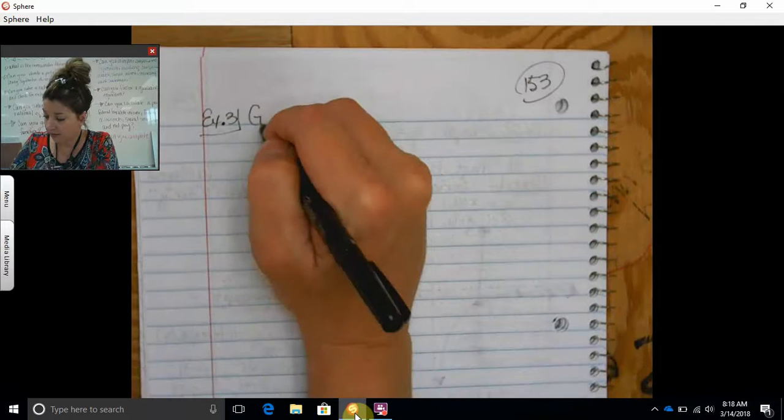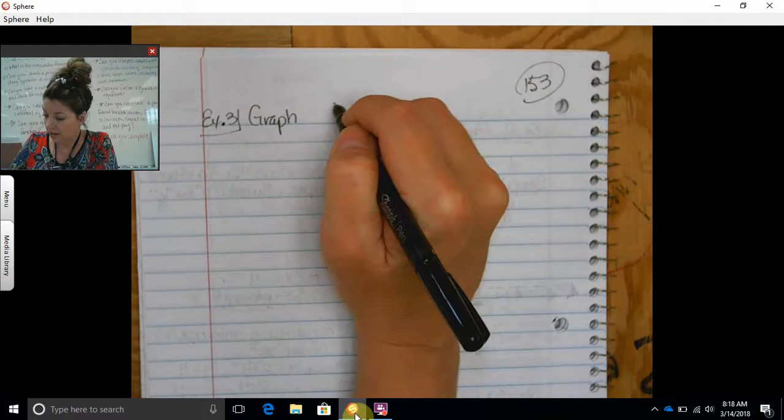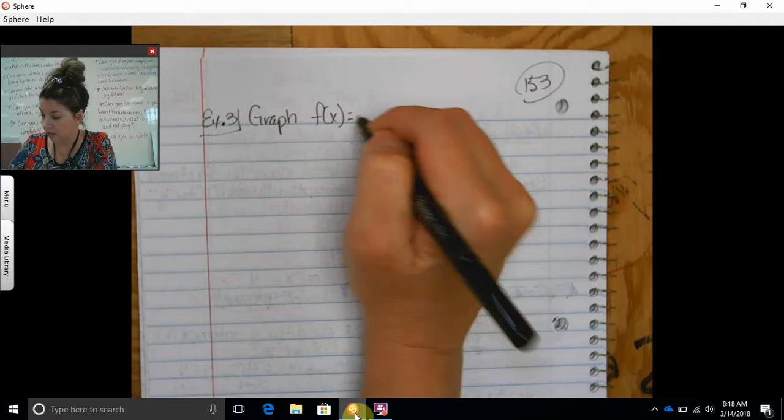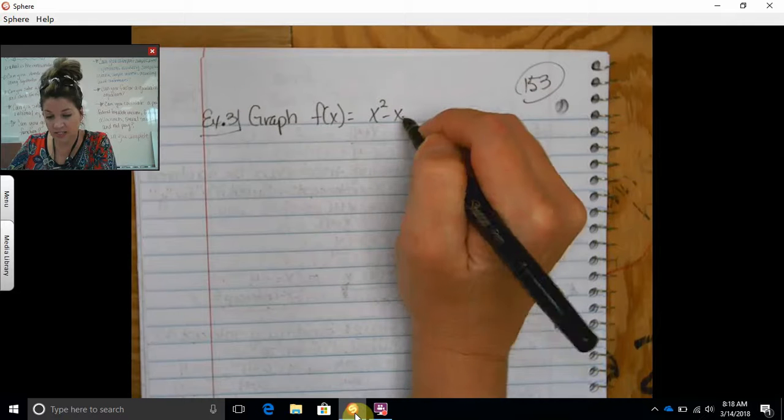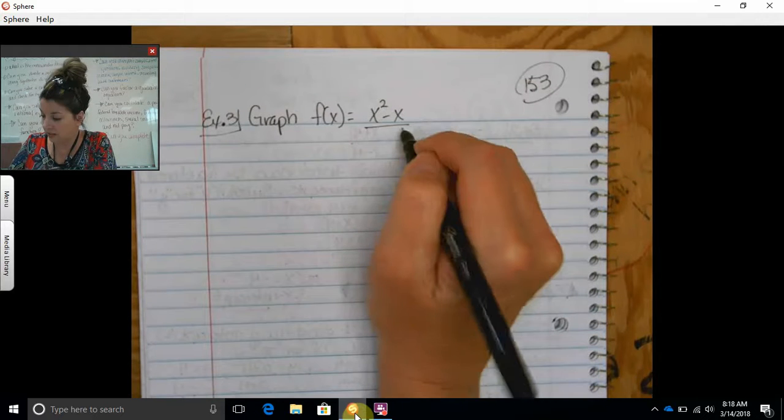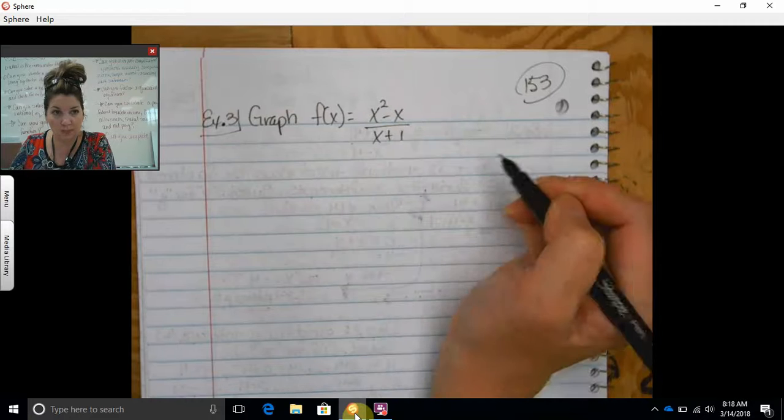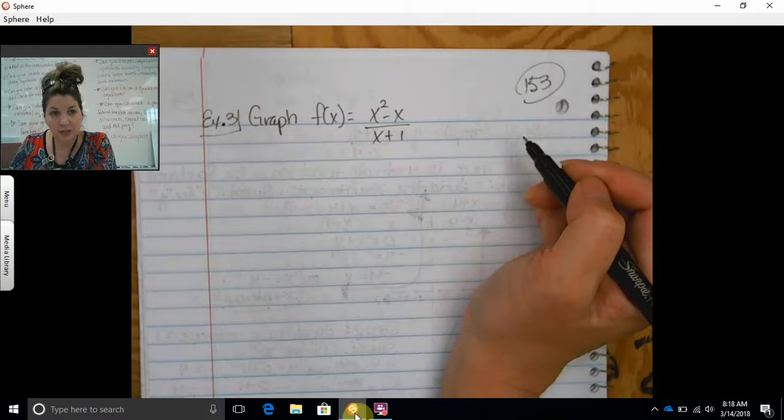All right, we're going to graph f of x equals x squared minus x divided by the quantity of x plus 1. First thing I'm going to do is factor the numerator and denominator if possible. Can I factor that numerator?